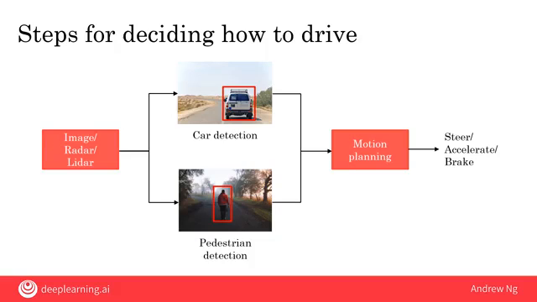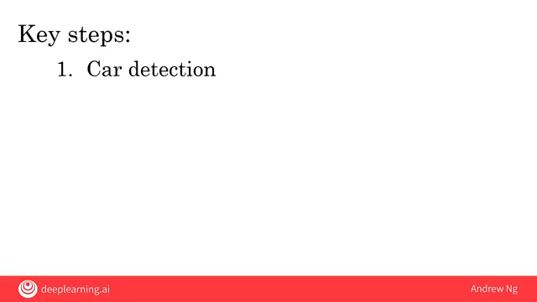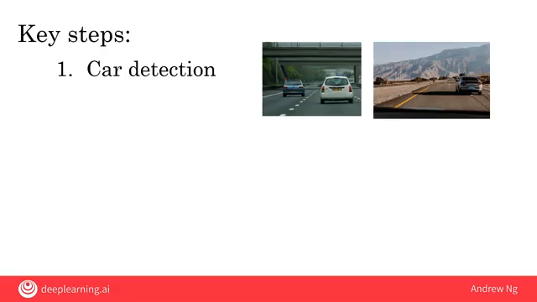Let's look at the three key steps of car detection, pedestrian detection, and motion planning in more detail. Car detection uses supervised learning. So you've already seen how a learning algorithm can take as input pictures like these and output the detected cars. For most self-driving cars, rather than using only a front-facing camera, so a camera that looks forward, also often use cameras that look to the left, to the right, as well as to the back, so you can detect cars not just to the front, but all around it.